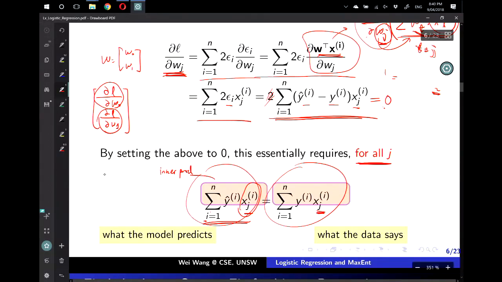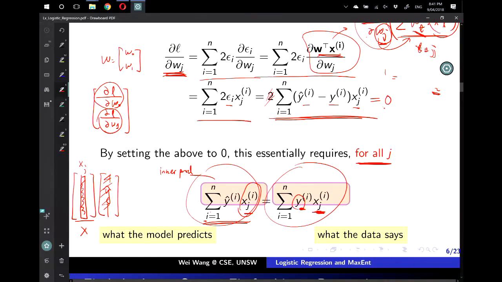So basically it's your y, again this is the y estimate, and let's say this is your x, you take the j-th column, this is your xj. You take these two vectors and do the inner product. And this should be the same as the real y, the real y inner product with the same column.